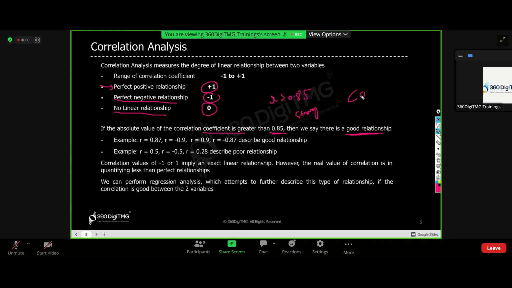When R is less than 0.4, I will say weak relation. Or here, let's say 0.5 is given, but in this case, it will be a weak relation. And between 0.85 and 0.4 you will have a moderate relation.